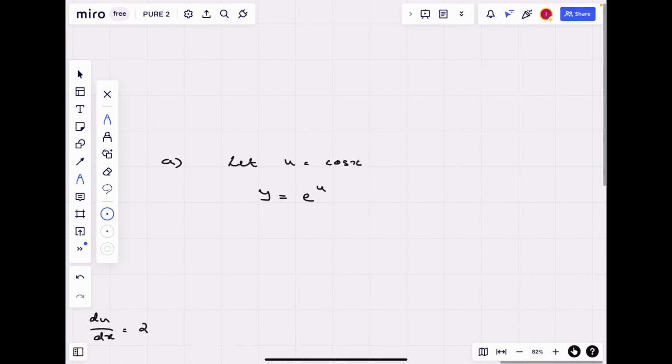Okay? Du by dx would be minus sine x, and dy by du would be e to the power of u. When you differentiate e, it stays the same. E to the power of x differentiated is still e to the power of x. It's only when you have a number in front where the rule changes a bit.